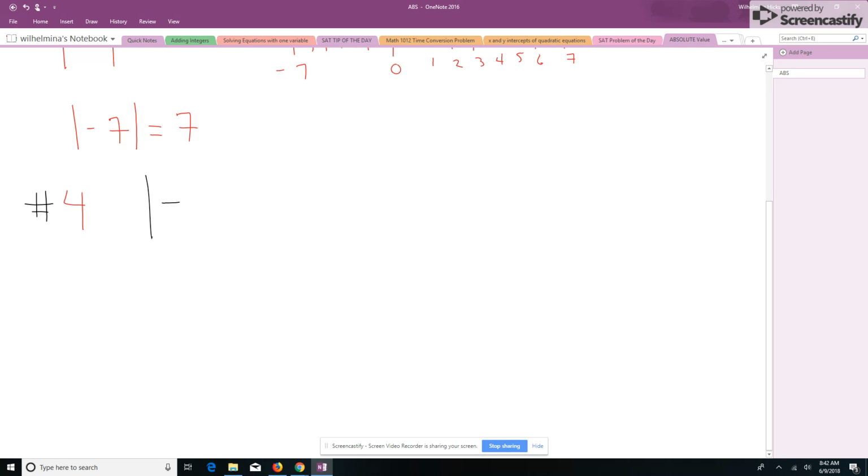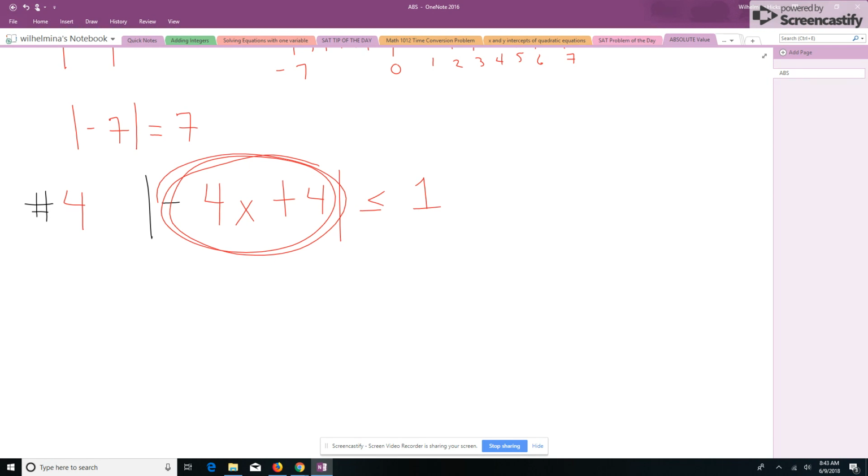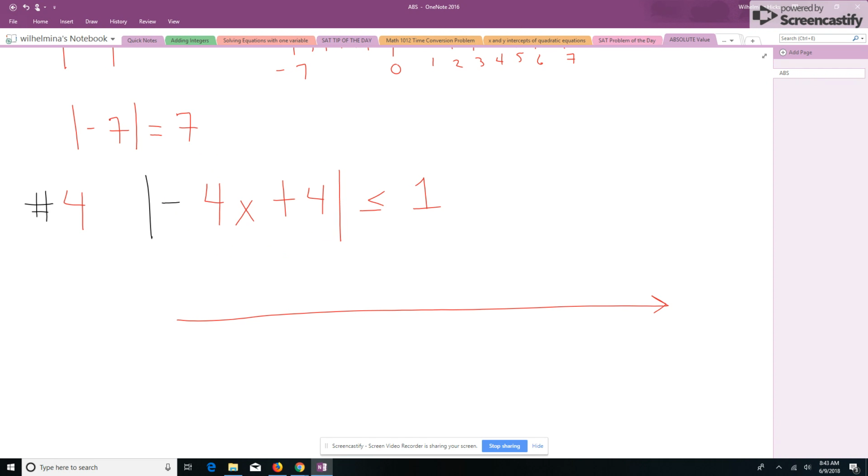Okay, so what this is saying: where would the absolute value of what's inside the bars be less than 1? Where would the absolute value of what's inside the bars be less than 1?